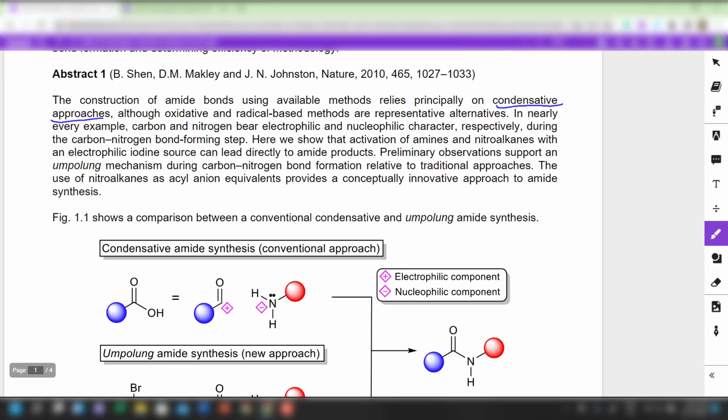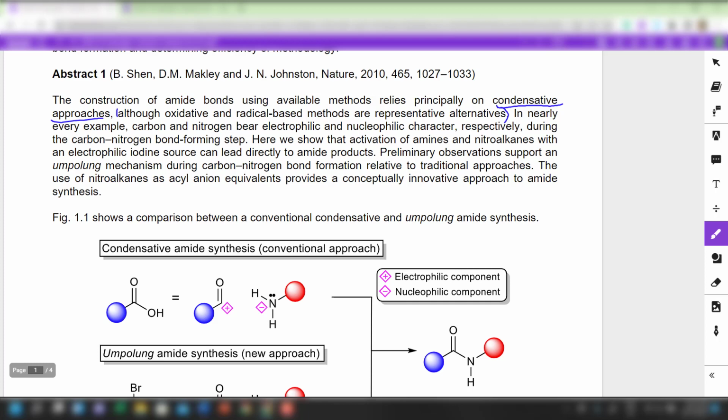After that, they say that although oxidative and radical-based methods are representative alternatives. You are not very familiar with these two methods, so do not be too alarmed, because you might be thinking, oh, am I supposed to know them? No, you're not supposed to know them.